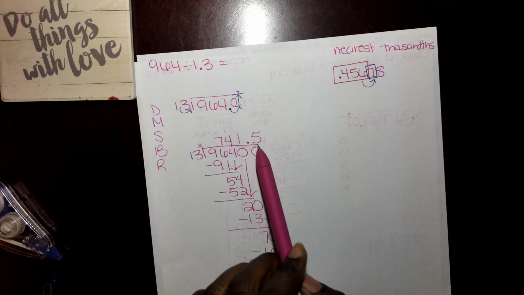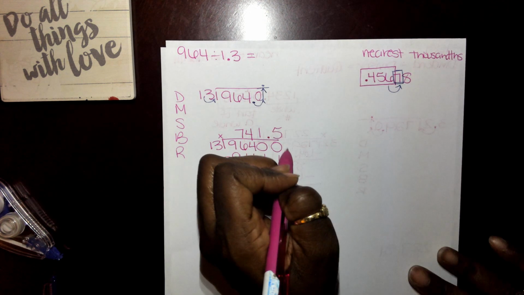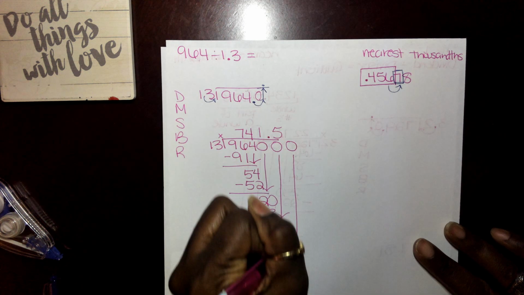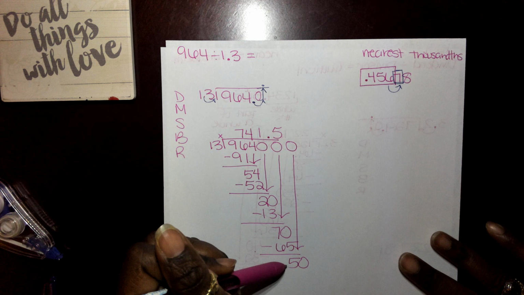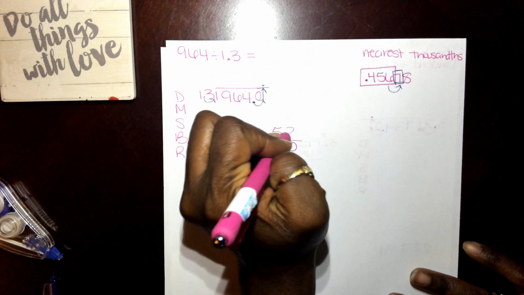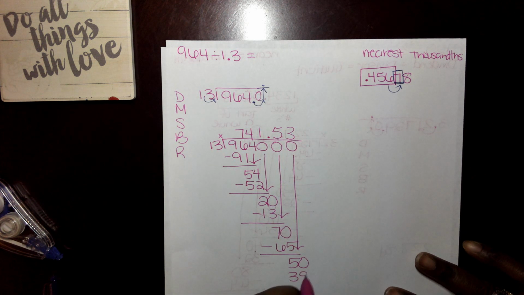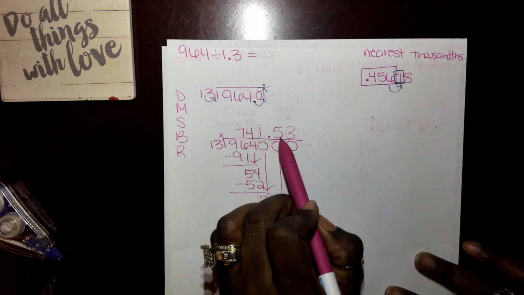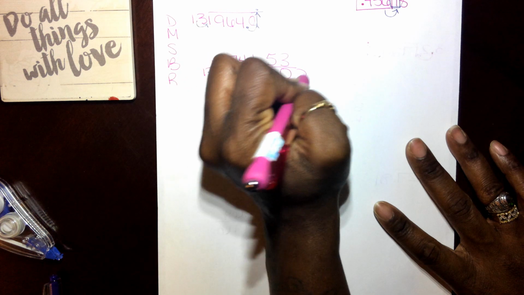I have one number after the decimal, but remember, I'm going to need a total of 3. So I need to add another 0. Bring it down. 13 can go into 50 3 times. That would give me 39. That leaves me with 11. I still don't have 3 numbers after the decimal, so I need to go on and add another 0.